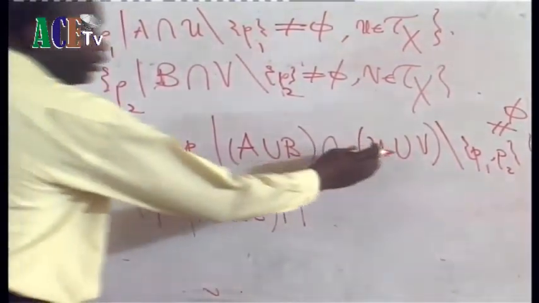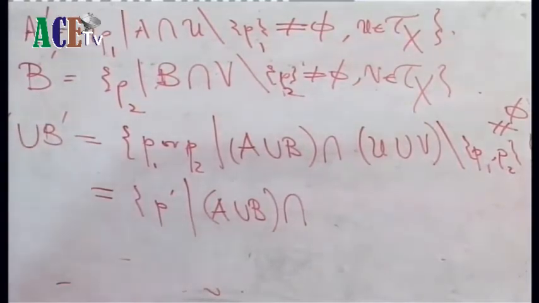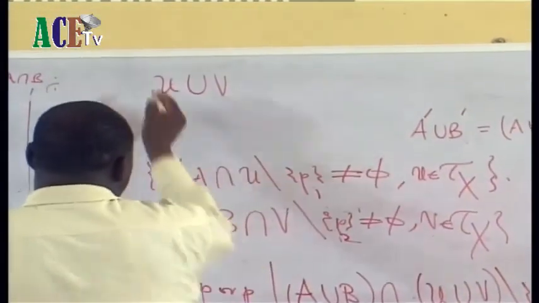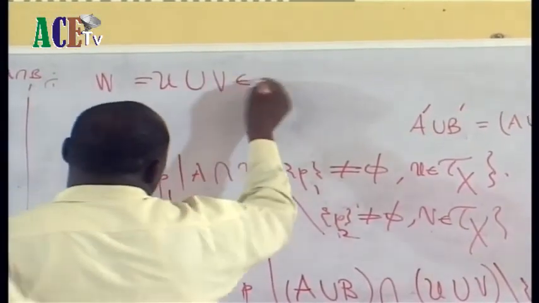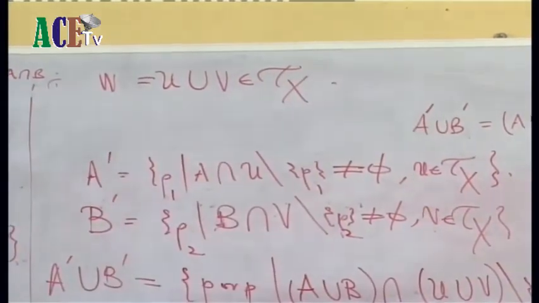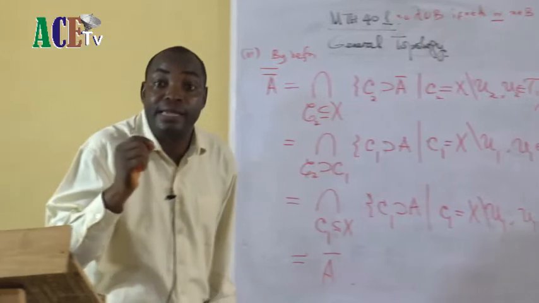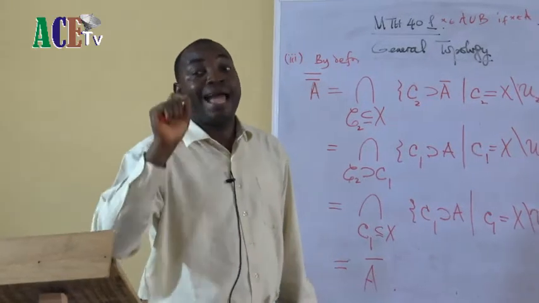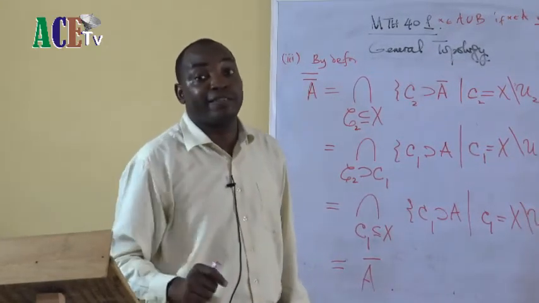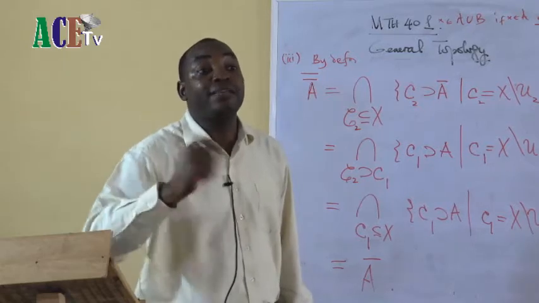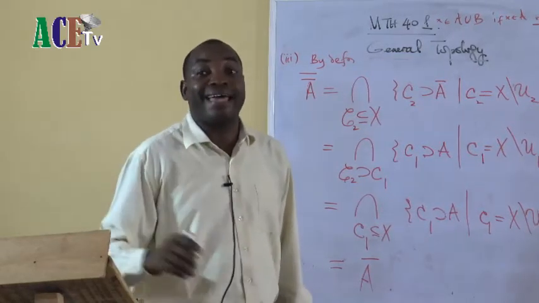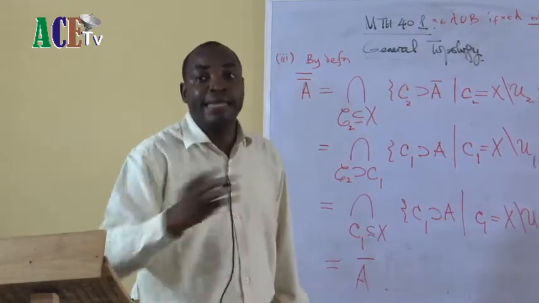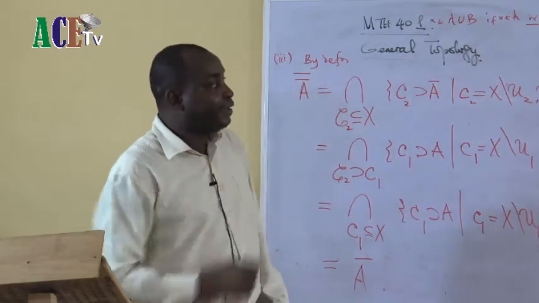intersect. The union of two open sets is itself what? Open. That means U union V, if I say let this be W, will still be in the topology because of the axiom of arbitrary union of open sets. By the axiom of arbitrary union of open sets, the union of two open sets is open because it is expected that the topology must still contain the union of any number of open sets inside it.